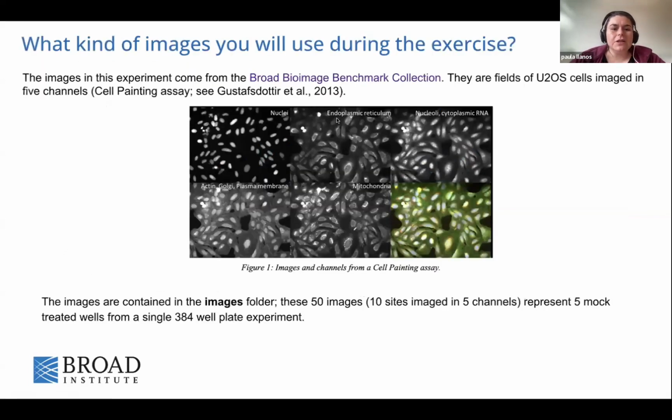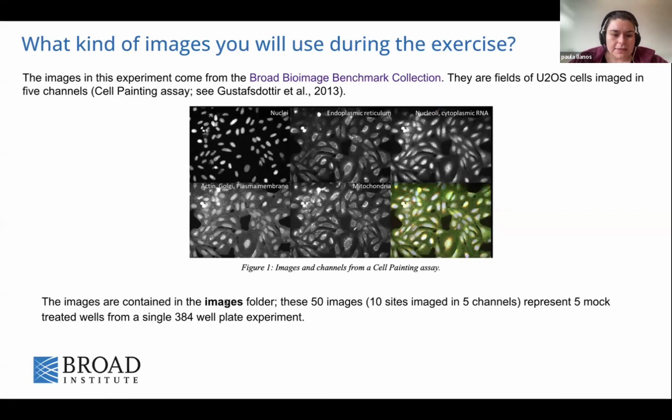So what kind of images will you use during this exercise? We are using U2OS cells, which is a cell line for osteosarcoma. Those cells are imaged in 5 channels. This is the data bank where we obtained those cells.